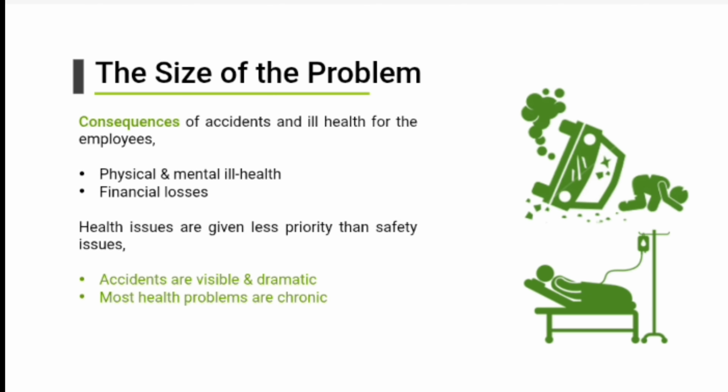This means prioritizing preventive measures, promoting employee well-being, and implementing strategies to identify and manage workplace health risks. By addressing health issues proactively, we can prevent long-term harm to our employees, improve their overall well-being, and ultimately create a more productive and thriving work environment.